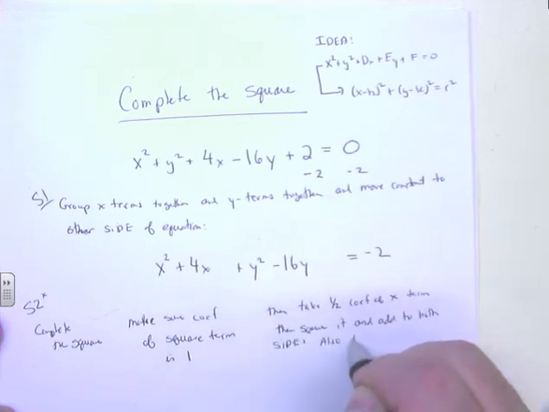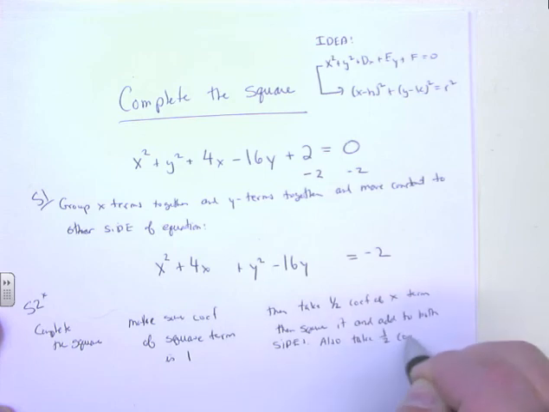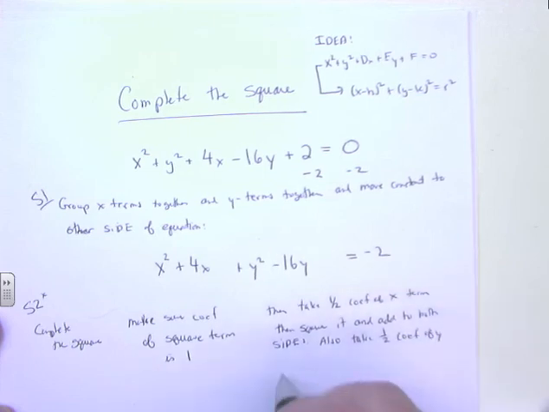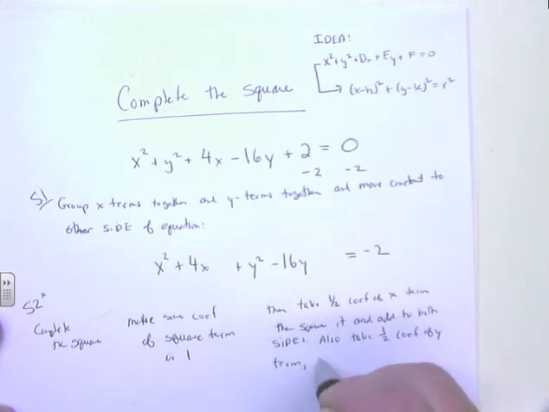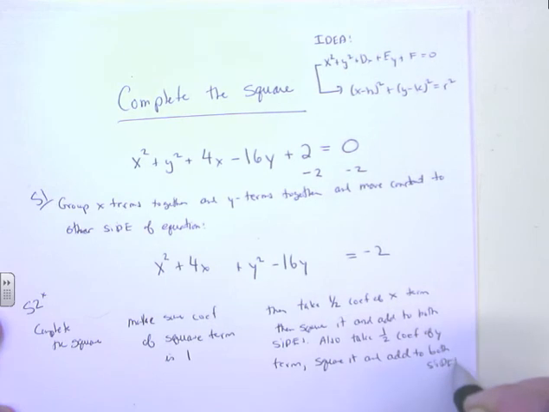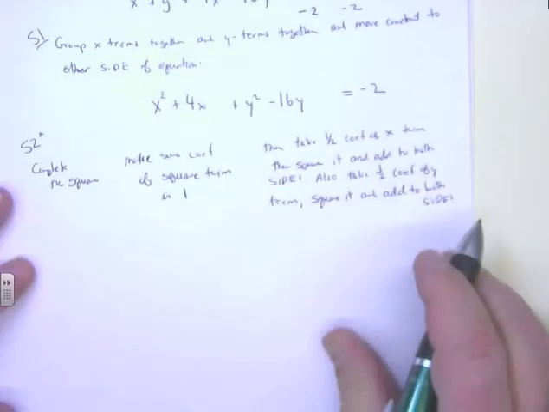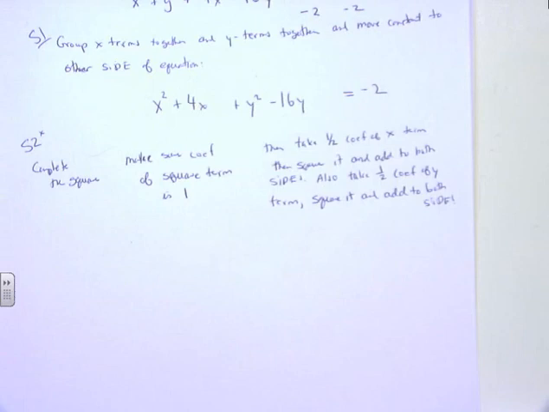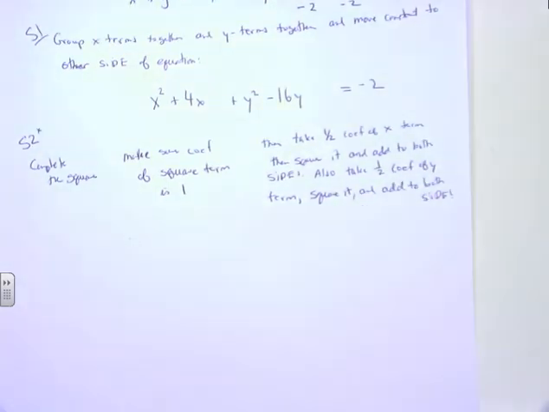Also, take 1/2 the coefficient of the y term, square it, and add it to both sides. Take 1/2 the coefficient of the x term, square it, and add it to both sides. And take 1/2 the coefficient of the y term, square it, and add it to both sides. This is what completes the square.